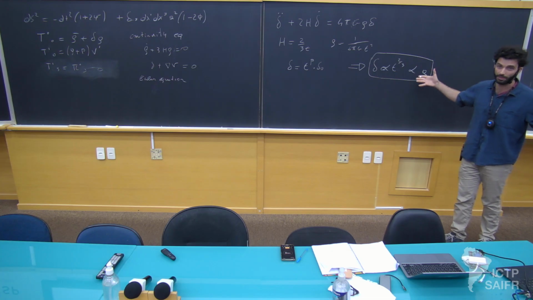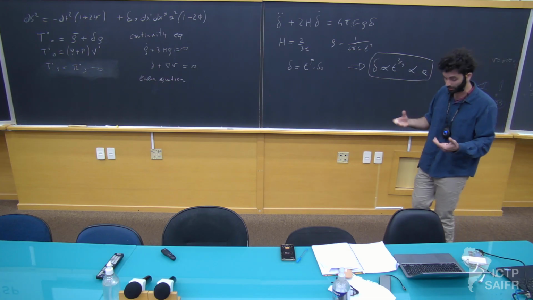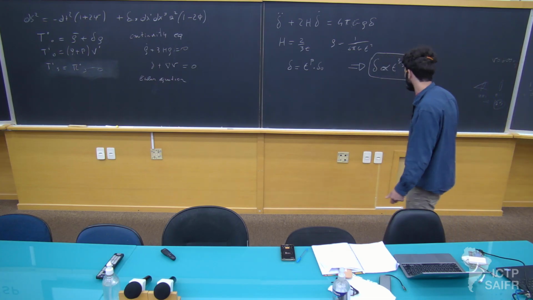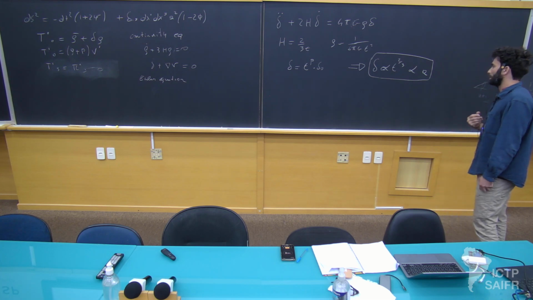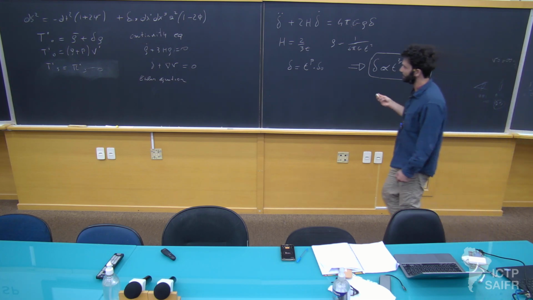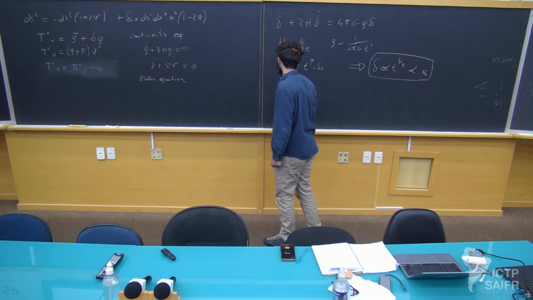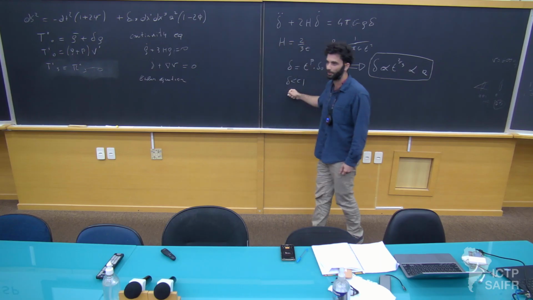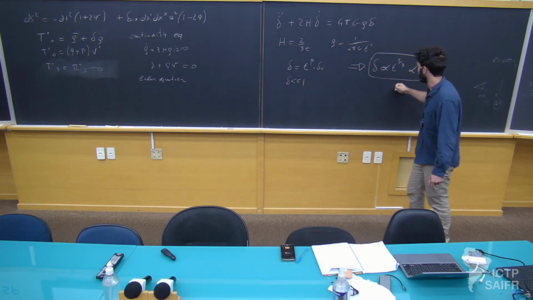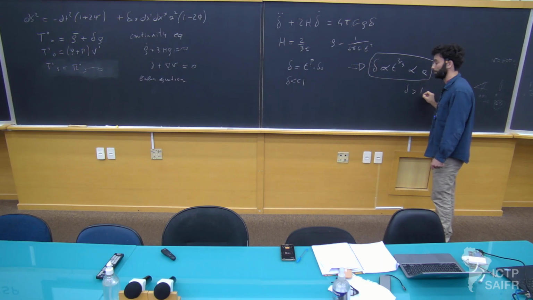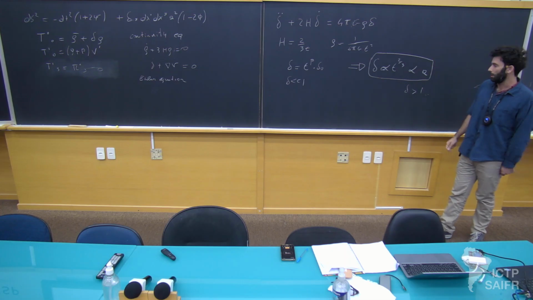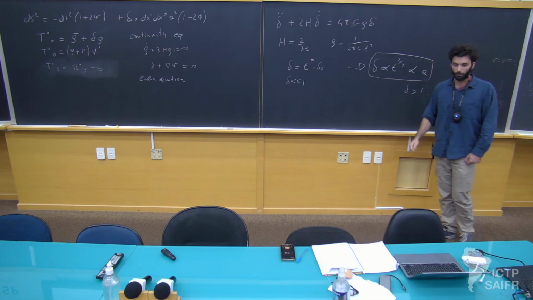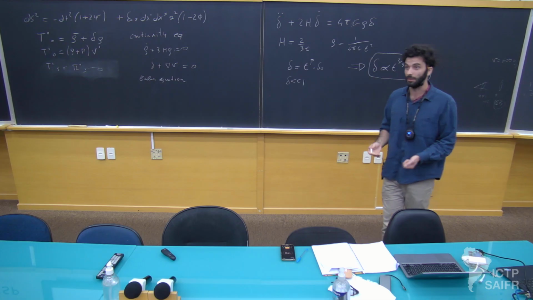So gravity will collapse stuff, and structures will grow. And the other thing is, since all this assumes that delta is smaller than 1, even if we start with a delta that's smaller than 1, we will end up with a delta which is bigger at some point. Which means that perturbation theory will stop being valid, and we need an analytic solution.